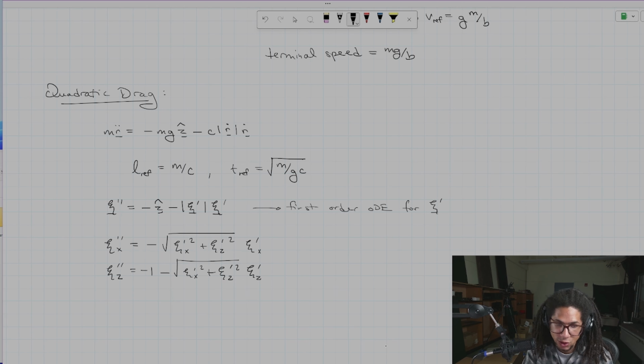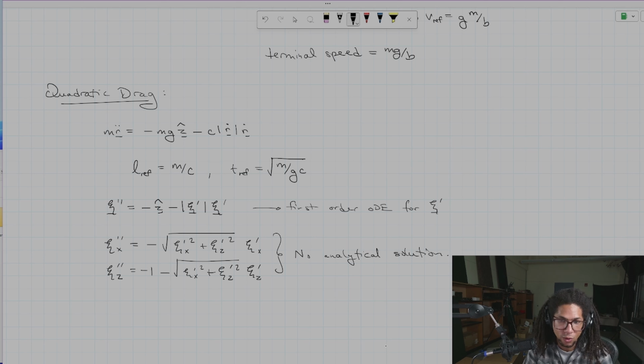We have a system of two coupled, because they both involve both x and z, non-linear differential equations that are first order in cx prime and cz prime. It turns out that these two equations have no analytical solution. But we can look at solutions in specific cases.